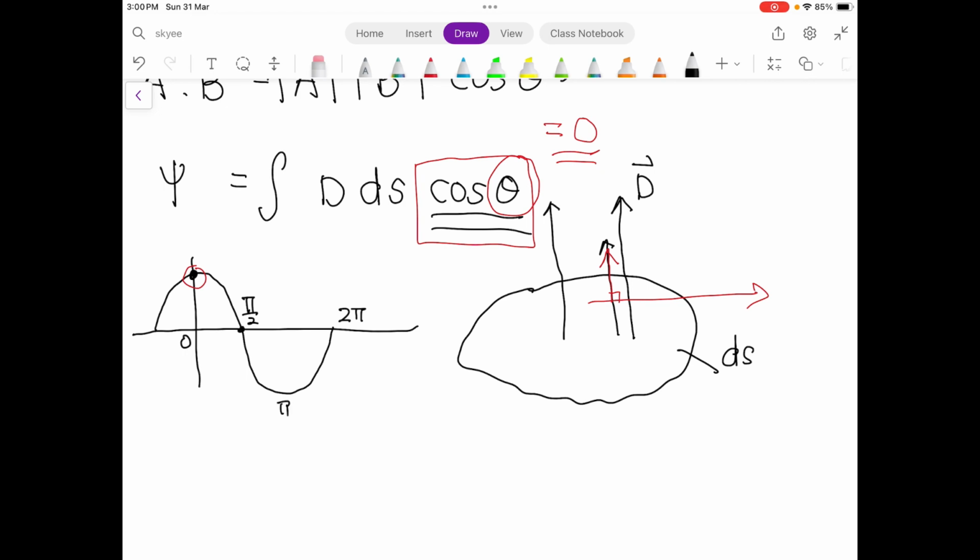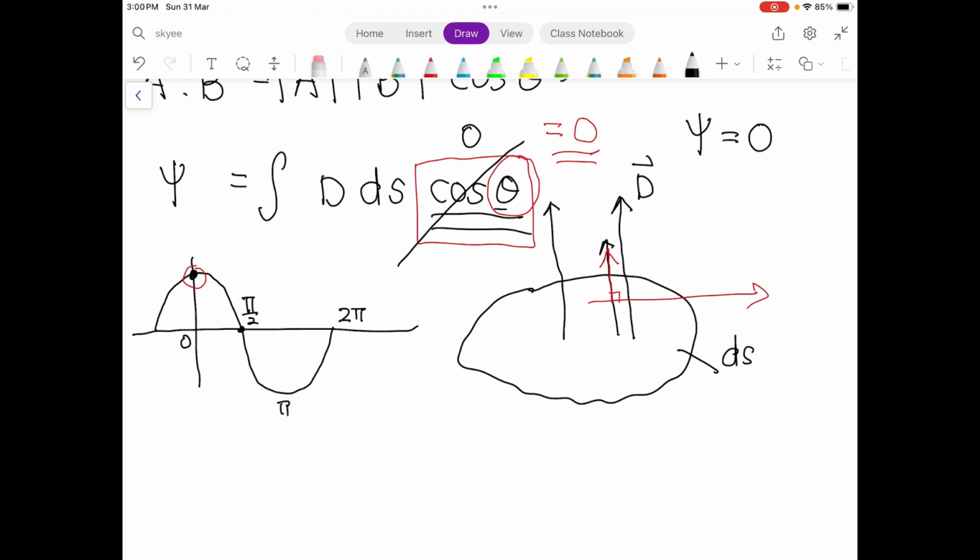Okay. So when it is pi over 2, the value will be 0. The cos theta will be 0, so the whole term will become 0. When it becomes 0, it means that the flux is now 0, telling you that there is nothing coming out from the surface.